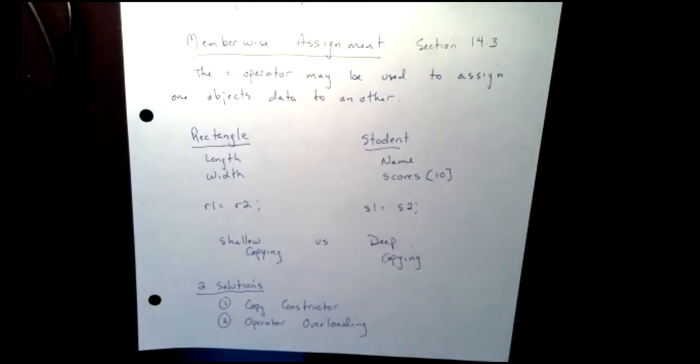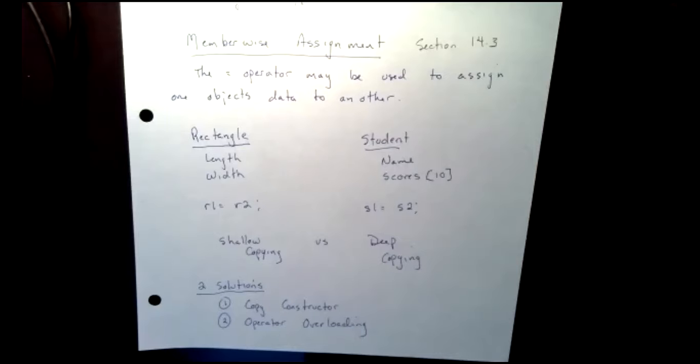So what's going on in here? Well, we have this equal operator, and it's not equals, it's the assignment operator. And we're taking a look at an assignment operator in C++ can be used to assign everything in one object over to the data in another object, okay?